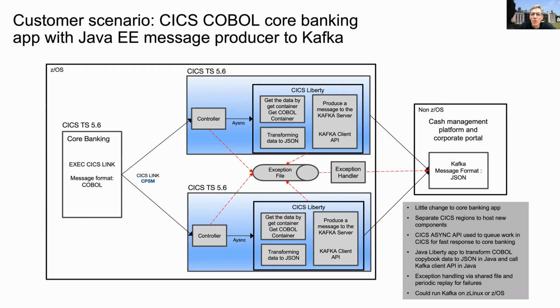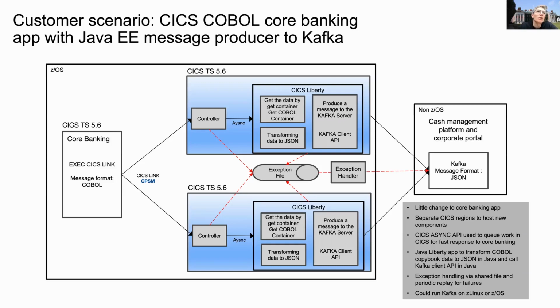They were looking to consolidate their banking suite and to open up new services to customers, and they were doing this using Kafka. They wanted to extract data from the core banking application and augment that with a number of other services.